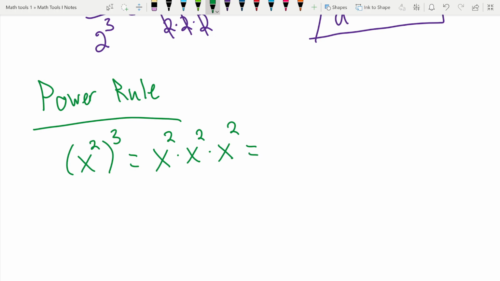And then applying the product rule, this tells us that this is x to the 2 plus 2 plus 2, in other words, 2 times 3. Okay. So ultimately what we're doing is we're multiplying the two exponents to combine them into one exponent. Okay, so we get x to the 6th here.